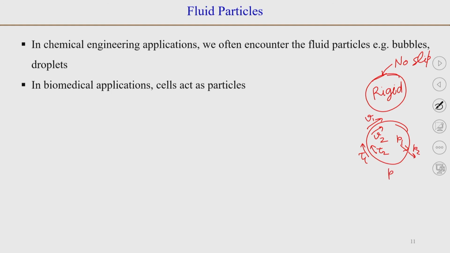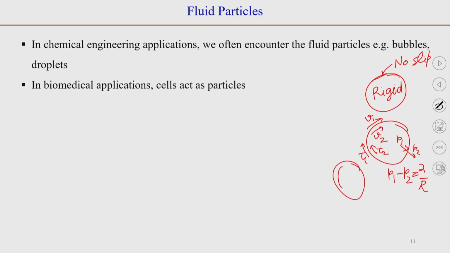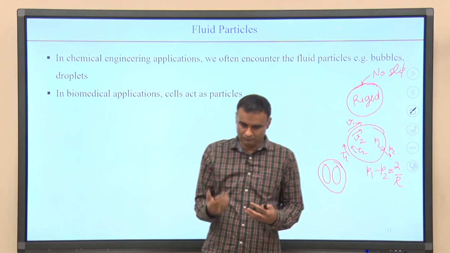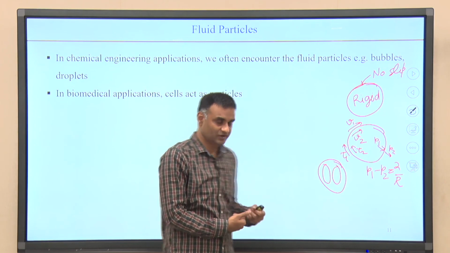So, P 1 minus P 2 is equal to, say, if it is spherical, 2 sigma by r. So, all that, and because there is motion inside the fluid also, you will see that there are vortices developing in the fluid, and that helps in reducing the drag on such fluids.